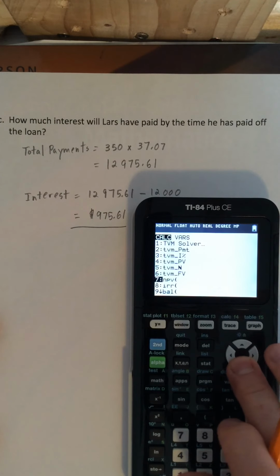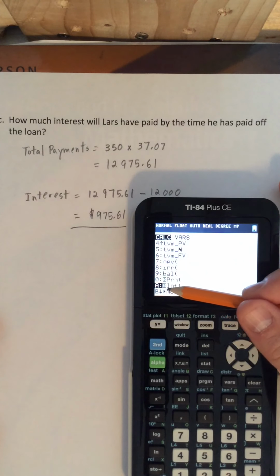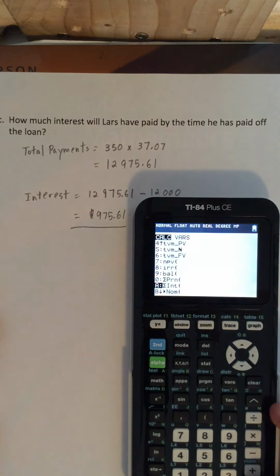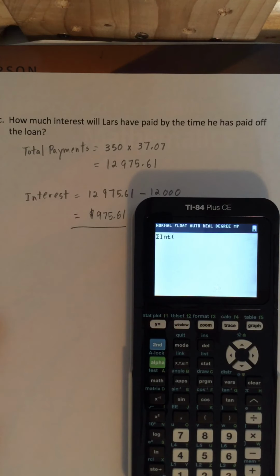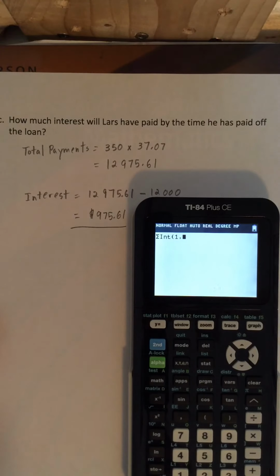If you scroll down, there's this section A, which shows this sigma, which means sum of the interest. And if we hit enter, in order to find the interest, you can type 1, as in the beginning month, and then hit the comma button.